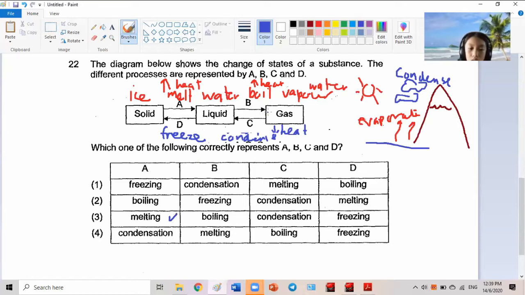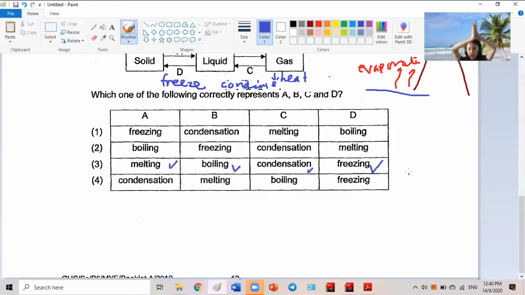B is boiling. C is condensation, and freezing. Okay, number 3 is the correct answer. Carissa, so clever. Let's move on.